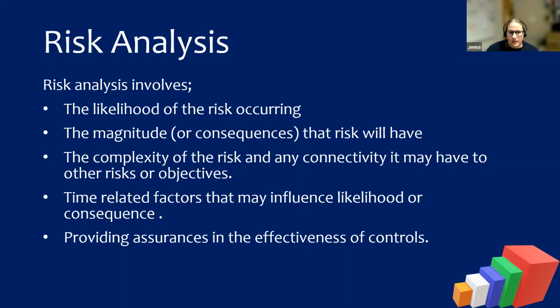Are there any time-related factors that may influence the likelihood or consequences? And how are we, as management, going to provide assurances that we have put controls in place to help mitigate that risk? Assurances are ways of delivering proof that the controls we've put in place are effective, and that we've got data to prove that.